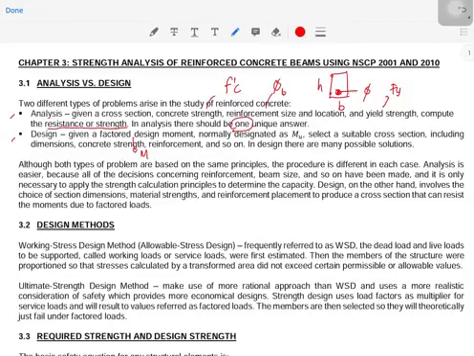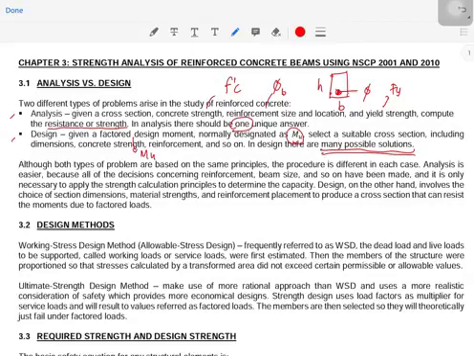this is Mu. Mu is given. Then select a suitable cross section, including dimensions, concrete strength, reinforcement, and so on. So in design, there are many possible solutions.